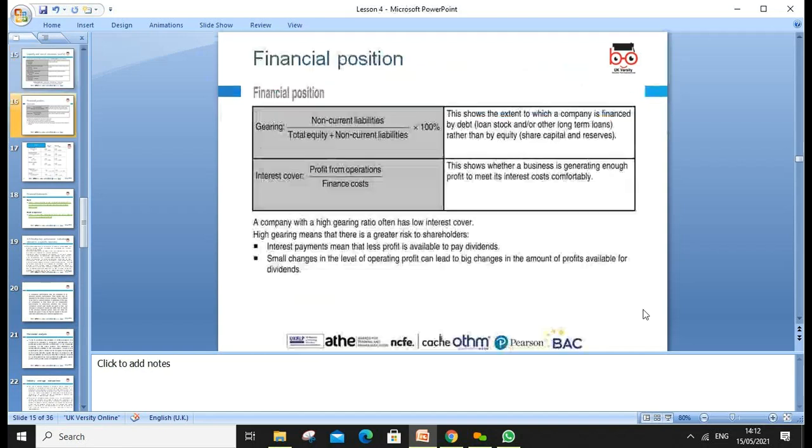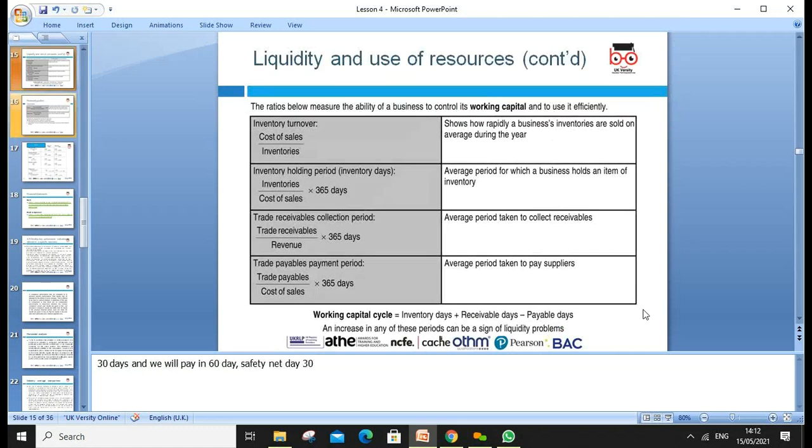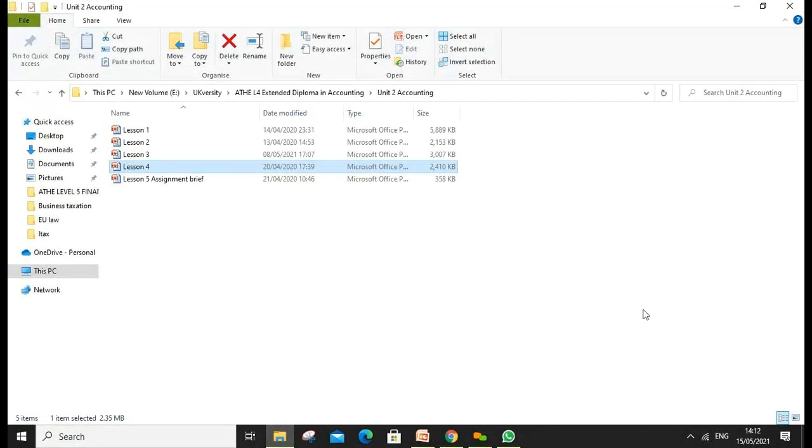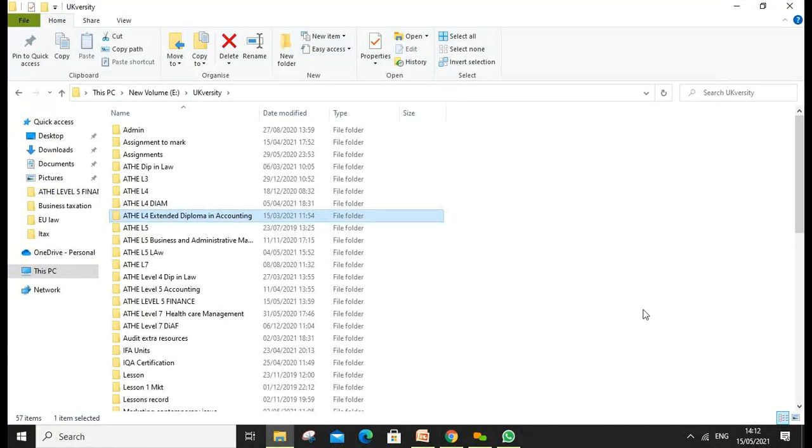We need to look around. Okay, next. So these are all the ratios, all the formulas, then the gearing ratio. What we'll do, I'll show you. We have ratio handouts as well, which are available on Moodle.